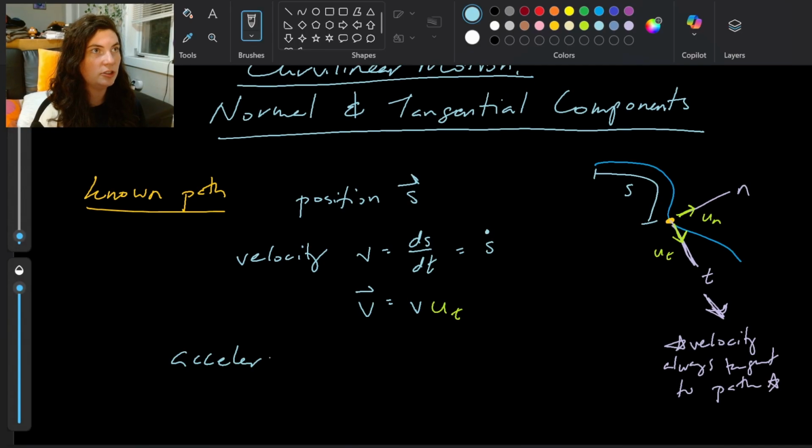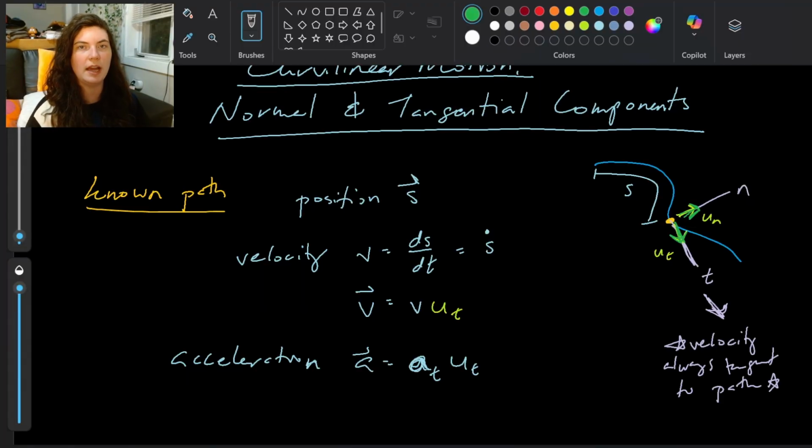So our acceleration is going to have components in both the tangential direction, so we're going to have a tangential acceleration in the same direction as the unit vector t. So this tangential, that again is totally in the t direction, a t component, and we're going to also have an n component.